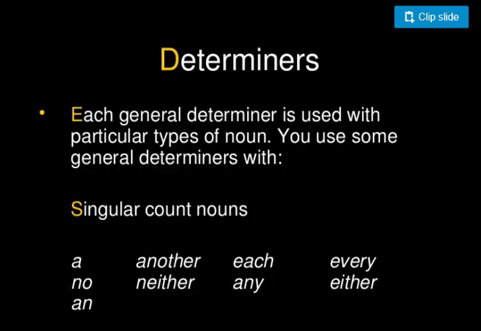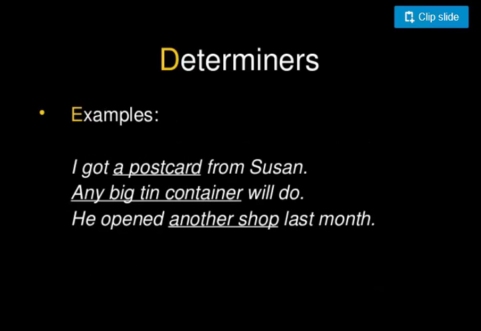तो ये वाले जो general determinants हैं, ये हमेशा count noun के साथ होंगे, जिन्हें आप कहते हैं countable noun, जिसका मैंने आपको previous lecture में पढ़ाया कि what are the count nouns. Right. So for example, I got a postcard from Susan, or any big tin container will do.